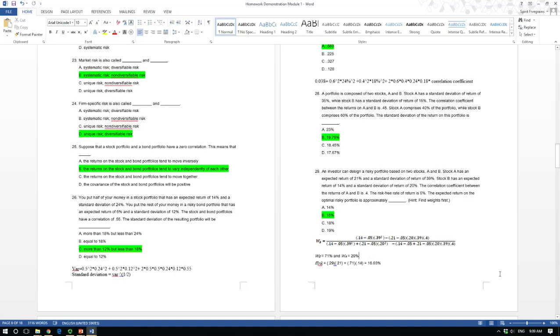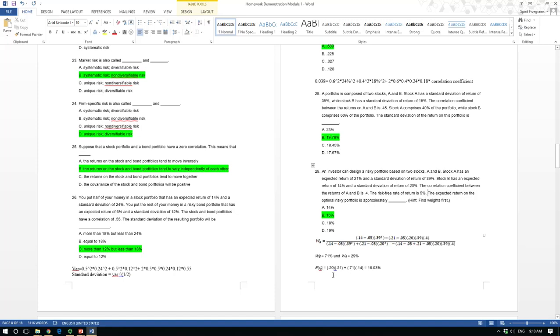But here it's not the answer that you need to put there, because the question asks you the expected rate of return on this optimal risky portfolio. Right? So once you get the weights for A and B, you still need to do the actual calculation to get the expected rate of return on this portfolio by doing a weighted average.